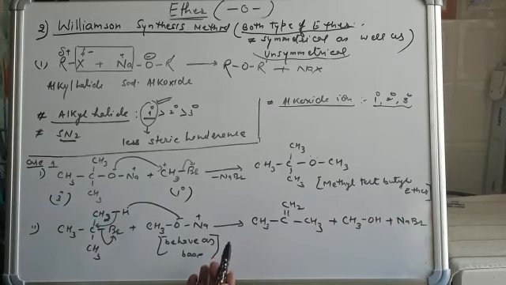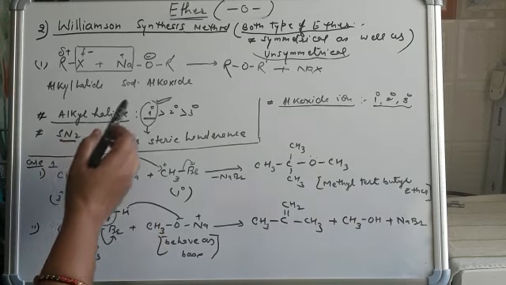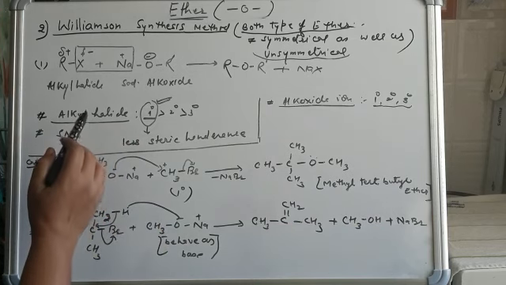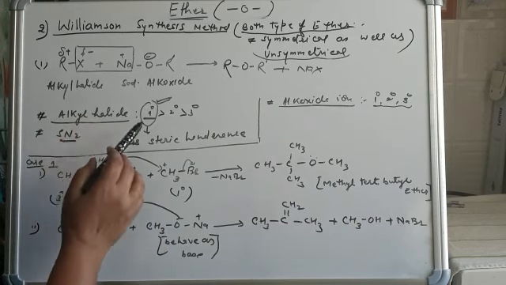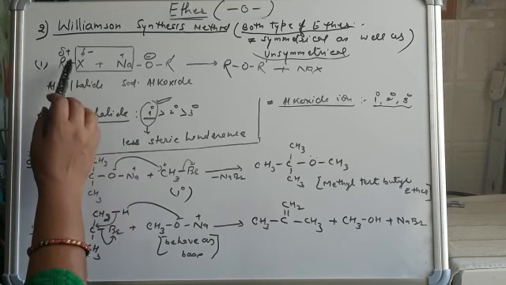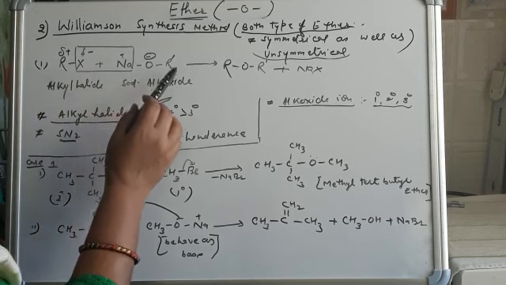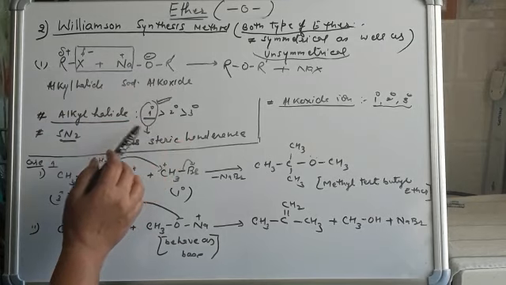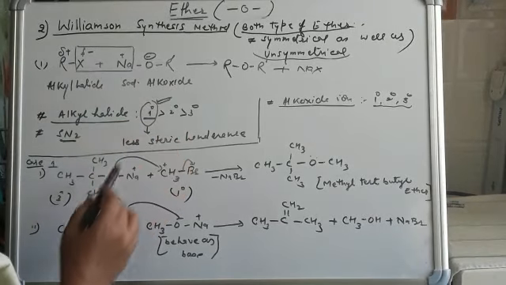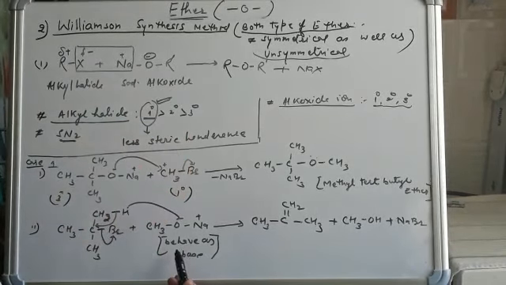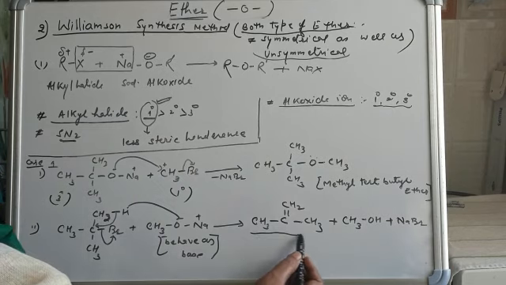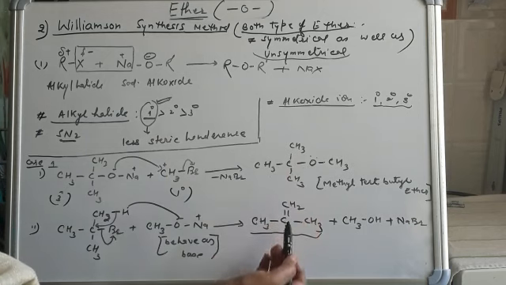So we can see alkyl halide must be 1 degree in Williamson synthesis, because if we take 3 degree alkyl halide, an elimination reaction takes place instead of substitution, and the formation of alkene instead of ether.